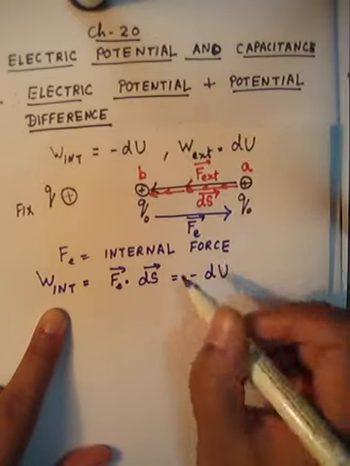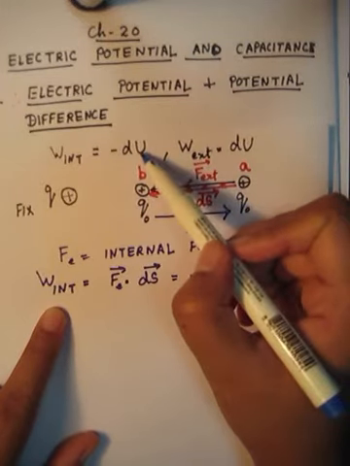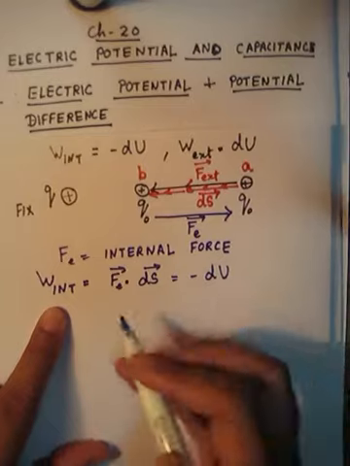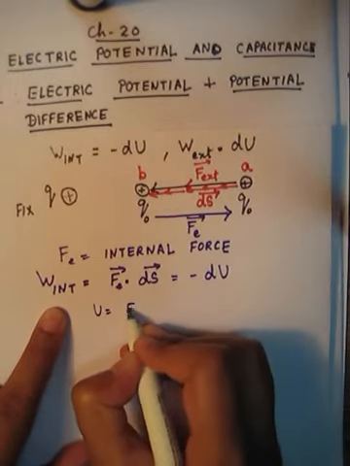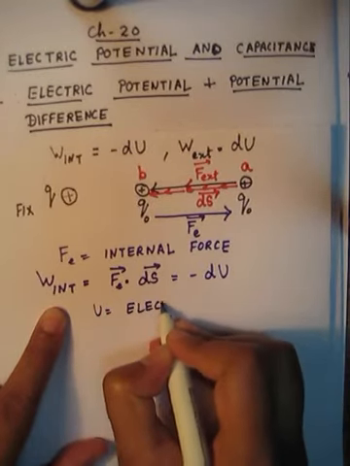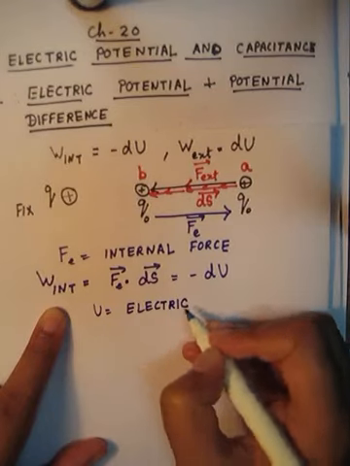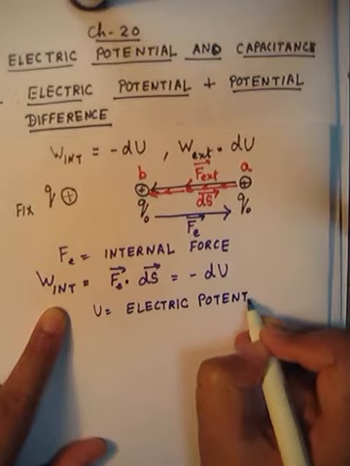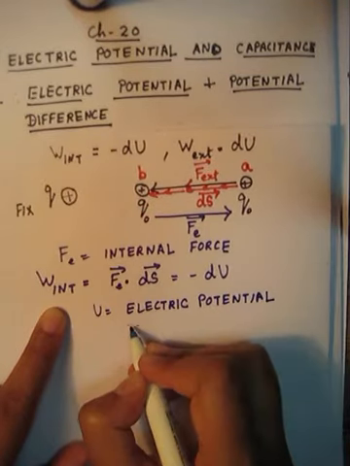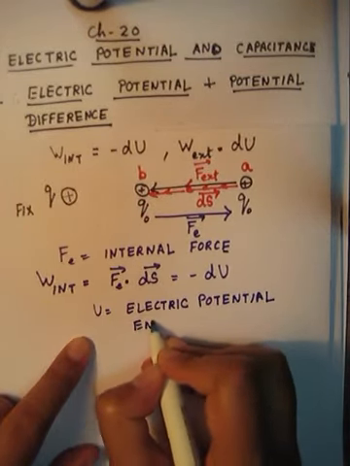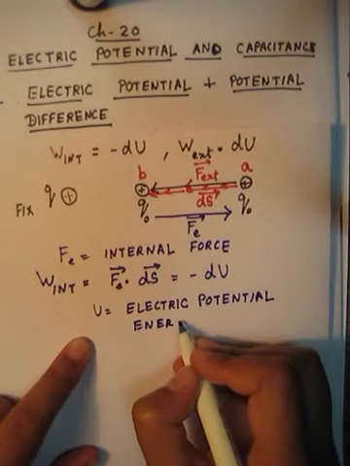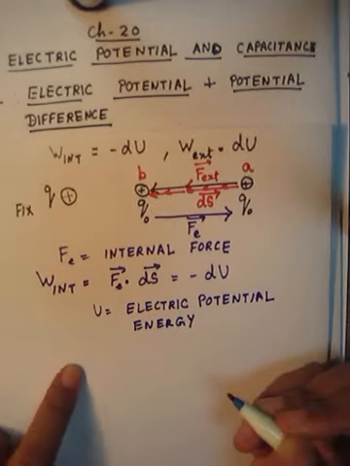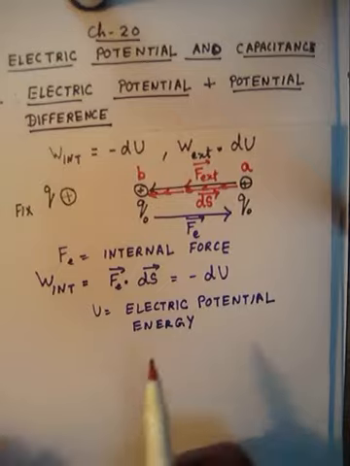When we talk about gravity, it is gravitational potential energy, but here U is electric potential energy, electric or electrostatic potential energy. I think it should be electrostatic.